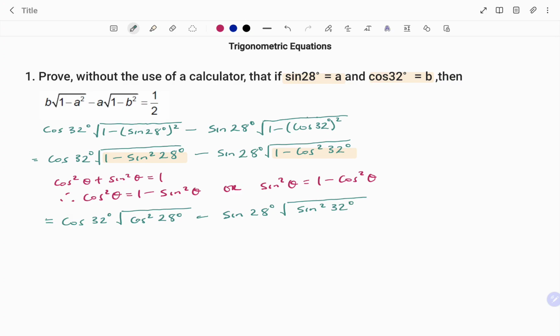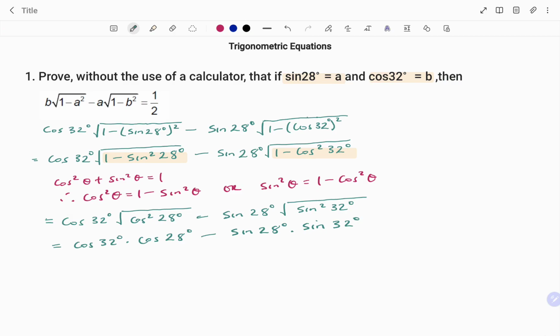If I take out my root sign, I'm left with cos 32 degrees multiplying cos 28 degrees minus sine 28 degrees multiplying sine 32 degrees.